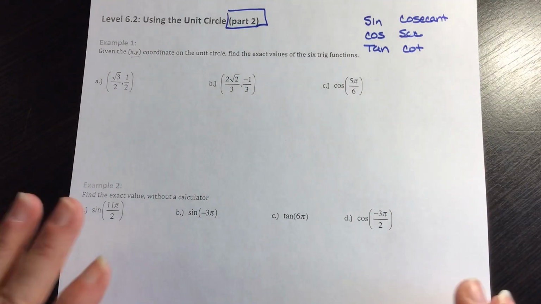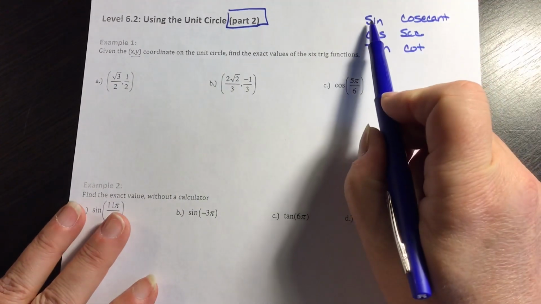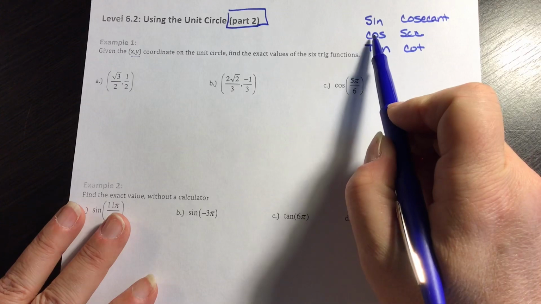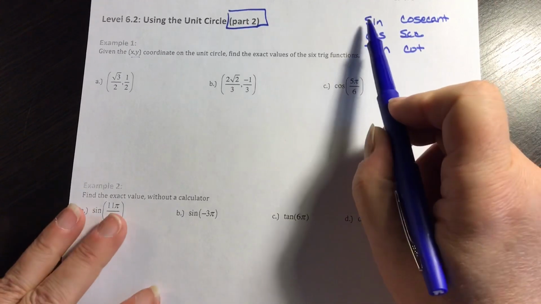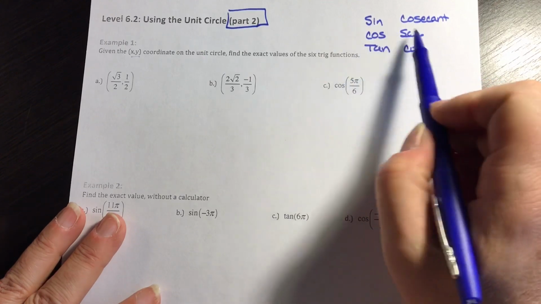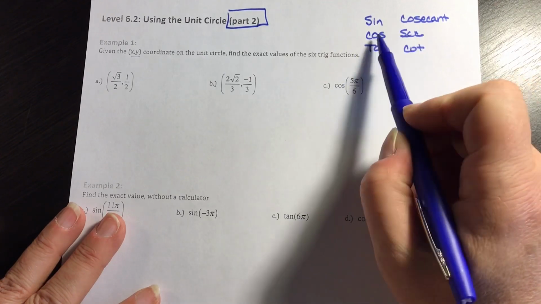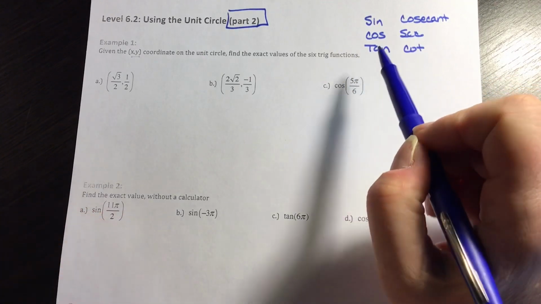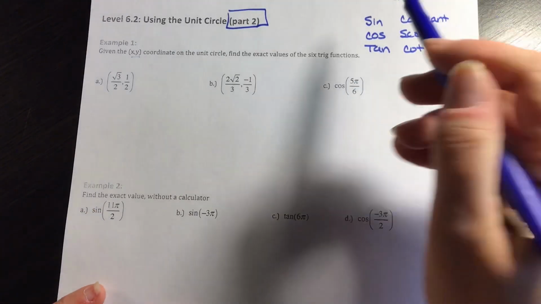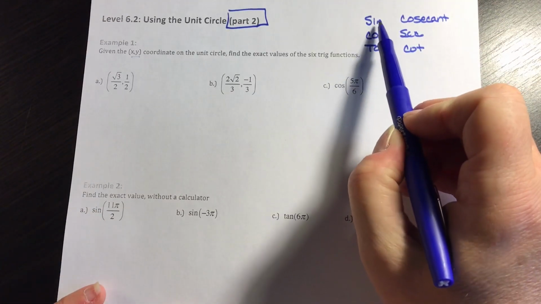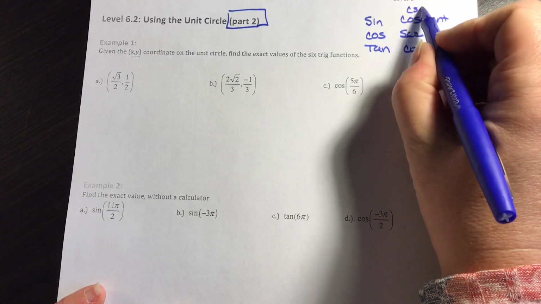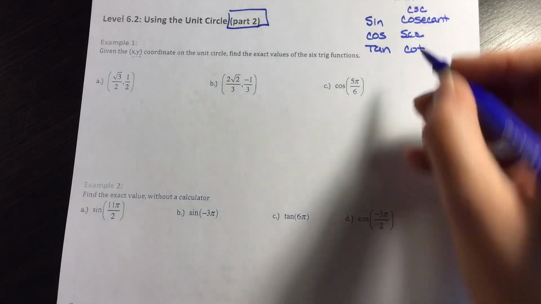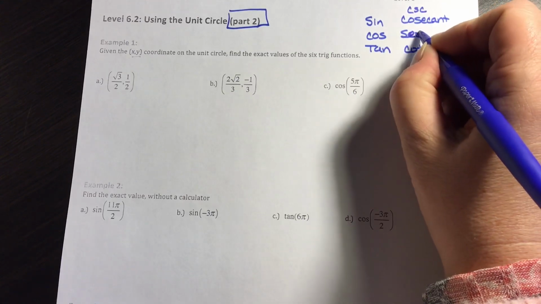I want to point out that notice I have sine and cosine, cosecant and secant. A lot of people would want to put the sine and the secant together and the cosecant and cosine together, but it's actually the opposite. So if I think about it in terms of the 6 functions, this one is usually CSC. That's what I should have written there. And this one is SEC.